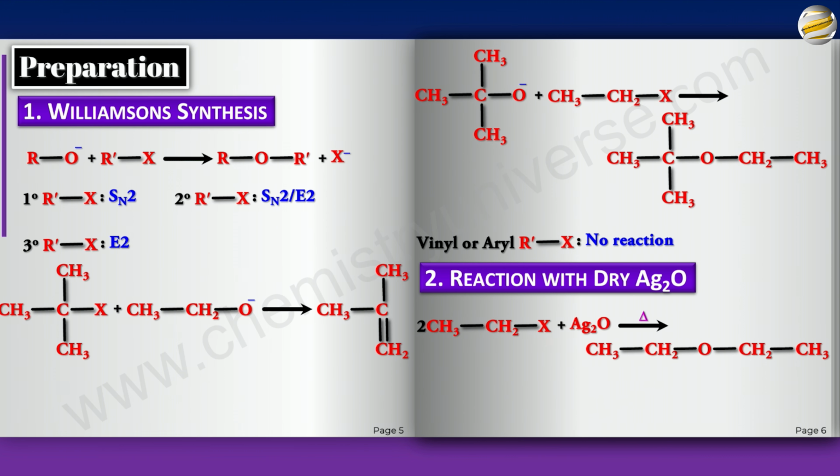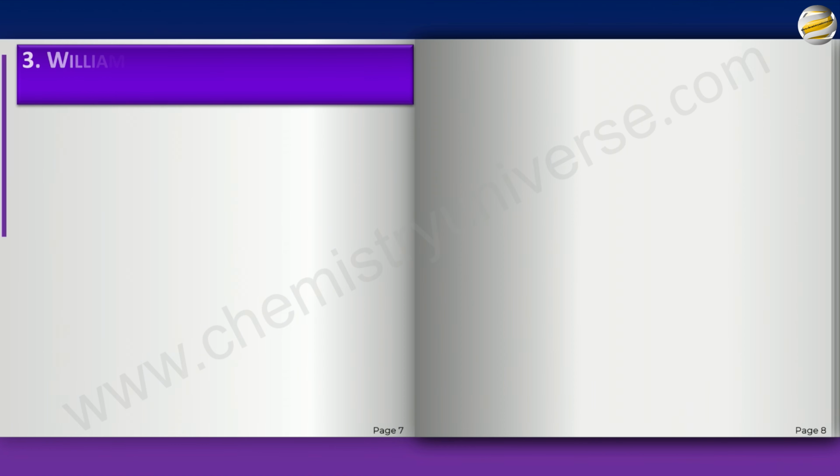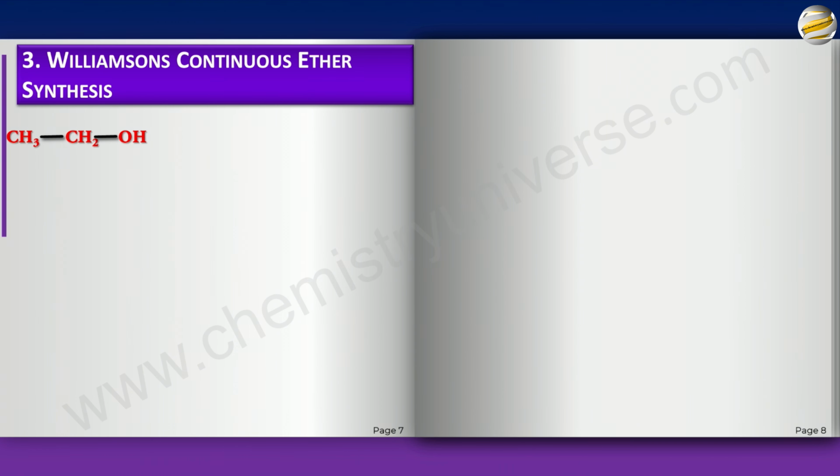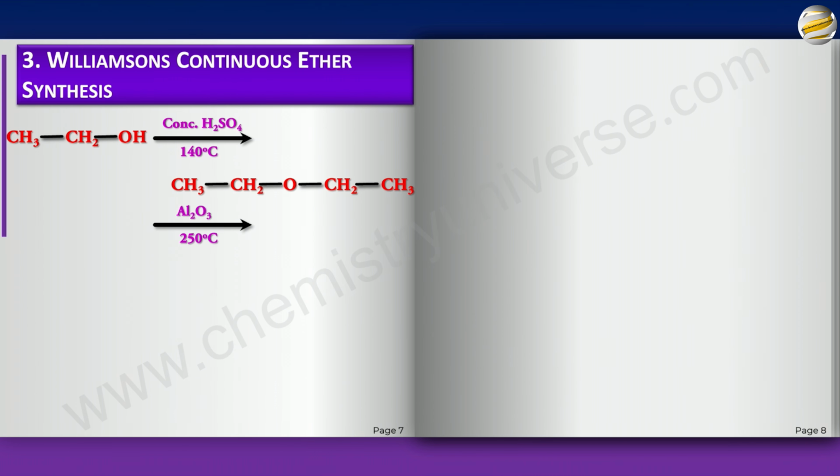All right. So there is another one called the Williamson's continuous ether synthesis. Now here what we do is we take an alcohol, we treat it with sulfuric acid at 140. Remember we did this in alcohols, and then we did Al2O3 also, and that's ether. Now remember, ethers are sensitive to acids and they always cleave in their presence.